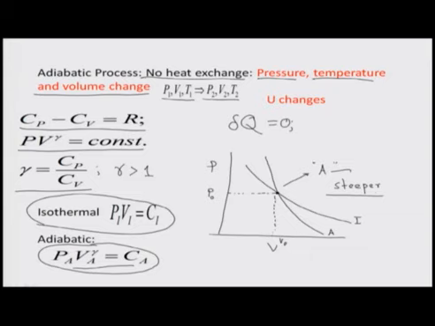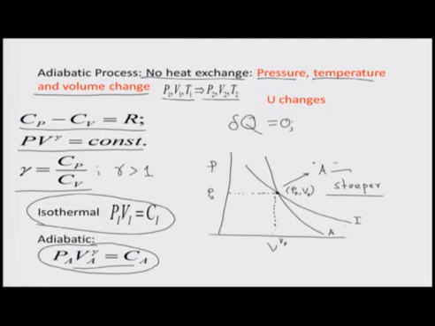So, question is, I have two curves in the PV plane, they intersect at a point P0, V0. Which curve do you think represents an isothermal process and which represents an adiabatic process? I am saying this one, which has a steeper slope at the point of intersection, is representing an adiabatic process, the other one is an isothermal process.